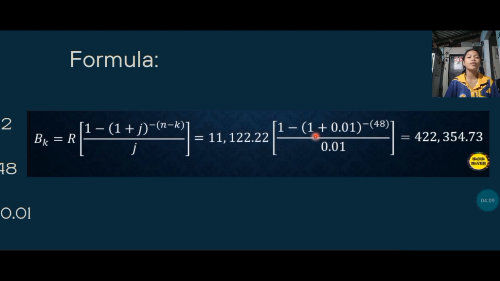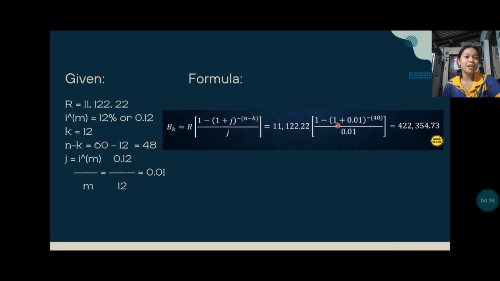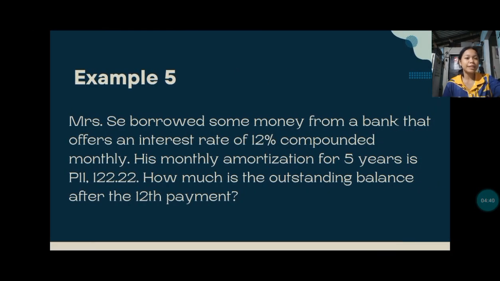That's the value of our n minus k, over j, which is 0.01. When you solve this directly on the calculator, you will see the result, which is 422,354.73. Now, that is our outstanding balance after the 12th payment.